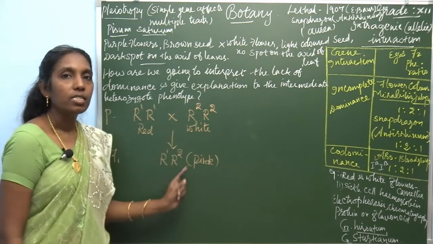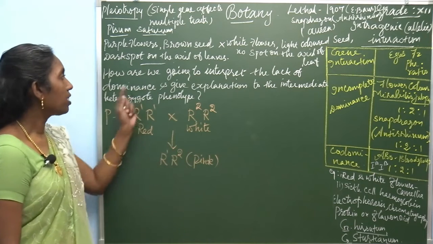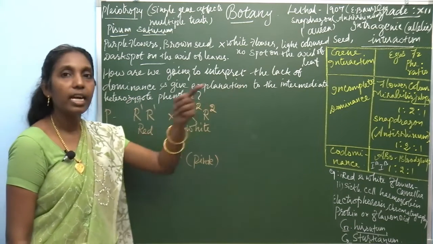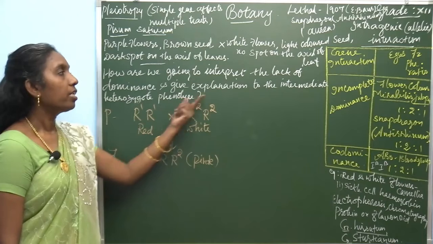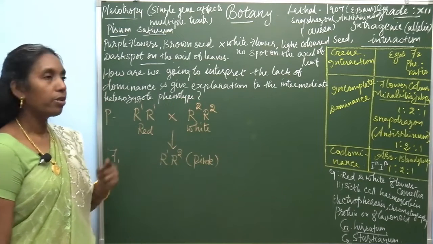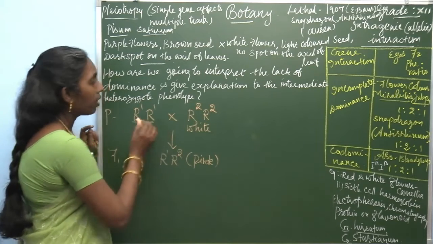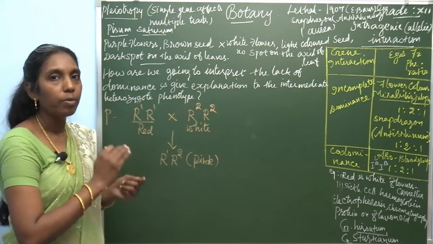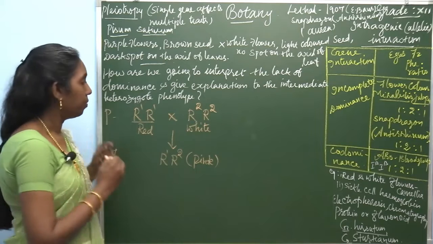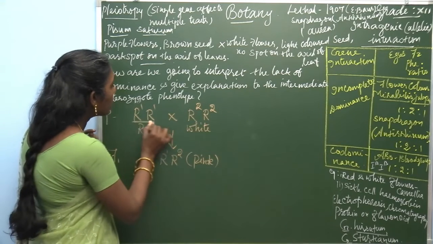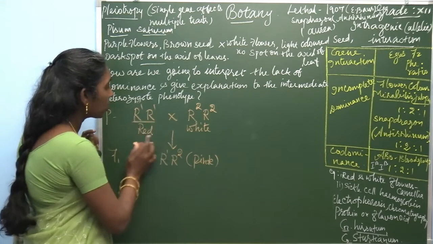So, what's the reason this pink color develops? That's the question: how are we going to interpret the lack of dominance and explain the intermediate heterozygote phenotype? Let's see. Here two homozygous characters, dominant and recessive, are there. Homozygous dominant is R1, which is red color.